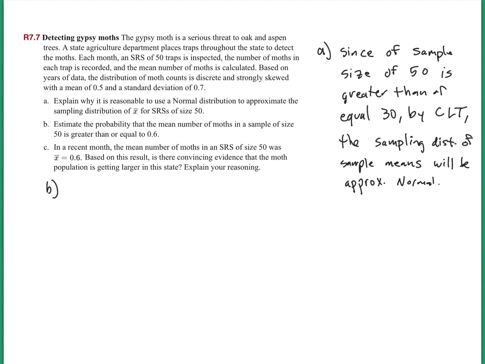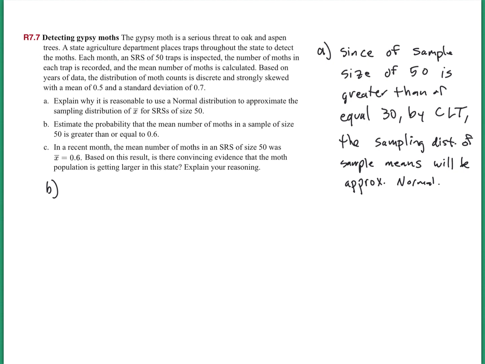Part B: estimate the probability that the mean number of moths in a sample size of 50 is greater than or equal to 0.6. We already established that our sampling distribution of sample means will be approximately normal, so we can use normal CDF.